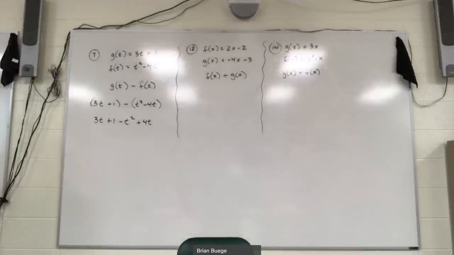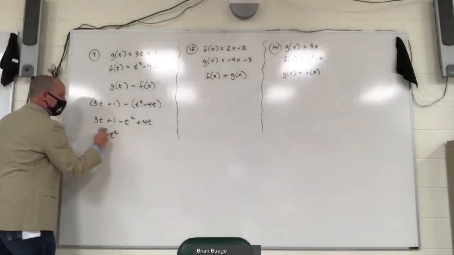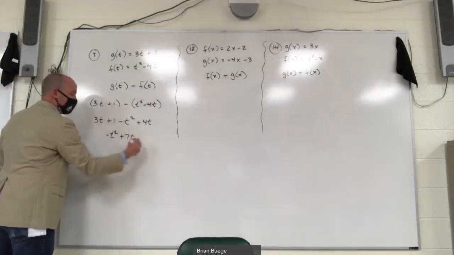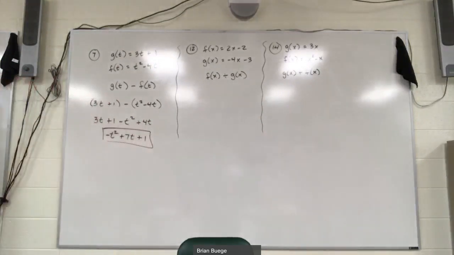Now you clean it up and just combine like terms, okay? So just a reminder again that when subtracting, I think there's like 3 or 4 of those on the front side, make sure you distribute that minus sign, distribute that negative. So ultimately, final answer, you'd have negative t squared, 3t and 4t give you 7t, and then a plus 1 at the end. Okay, so just a quick heads up on that one.